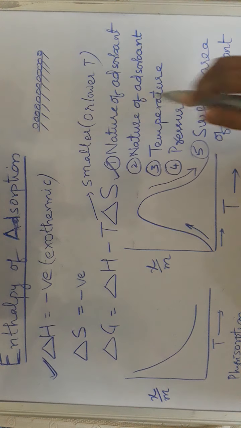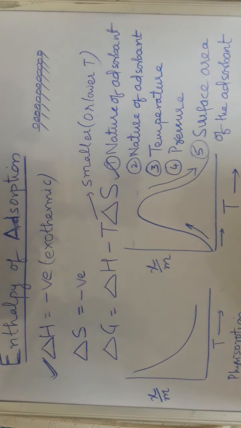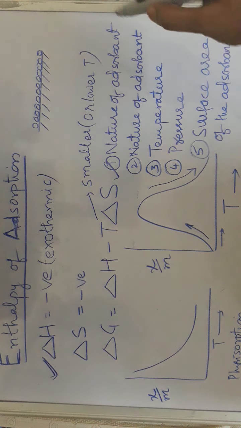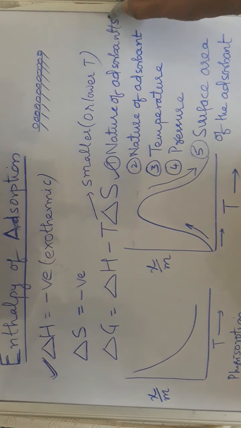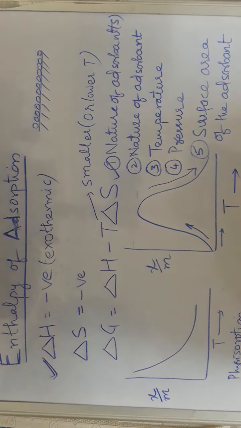First of all, the nature of the adsorbent. The adsorbent is the component which provides the surface for adsorption to take place, and in the case of solid-gas adsorption, the adsorbent is a solid. Which solids have a higher extent of adsorption, or act as good adsorbents?